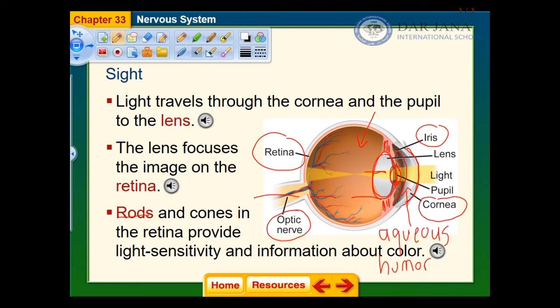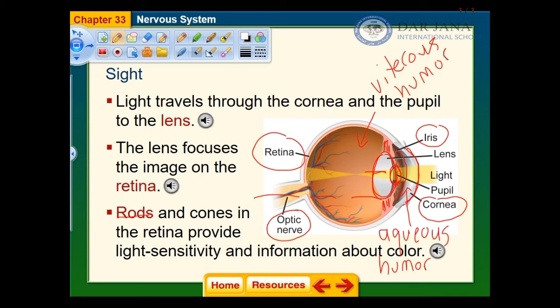It's called the vitreous humor. The vitreous humor, guys, ensures the positioning of the lens, giving the eye its round shape, and it is transparent, allowing the light to enter and reach the retina.